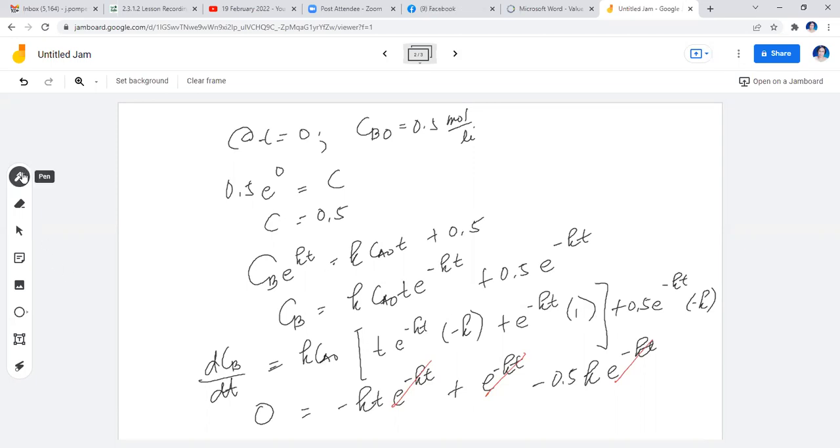I'll use a different color. Your CaO is kept here, class, but we can cancel the K. So I'll take out the K here. So this will be now 0.5. I'll take this out. Okay, you have that.